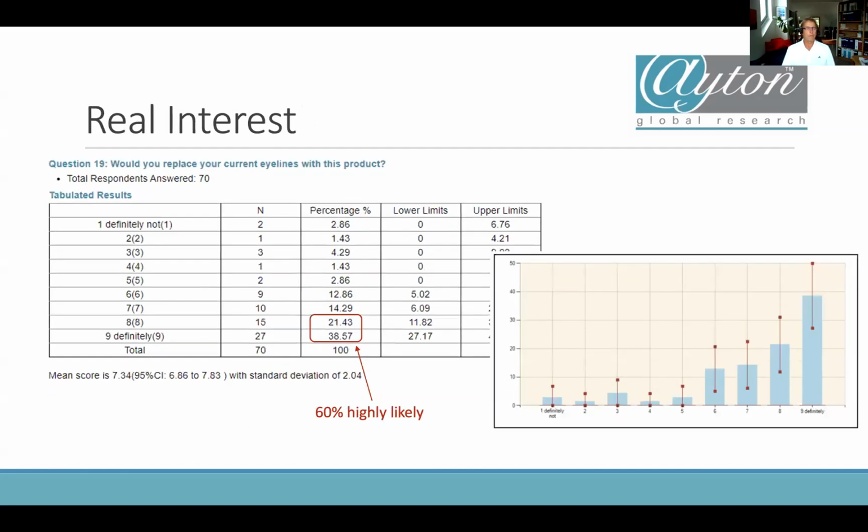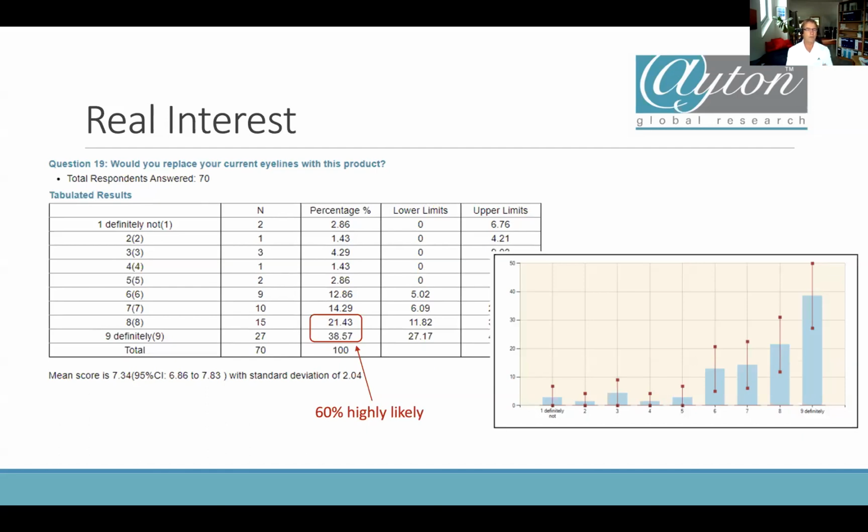Okay. We had another look at, we already saw high purchase interest and high overall acceptance. But we even went one step further and asked actually, would you replace your current eyeliner with this product, which is the toughest way of asking. People are really interested, because you might like the product, but it still doesn't mean that you change your habits.